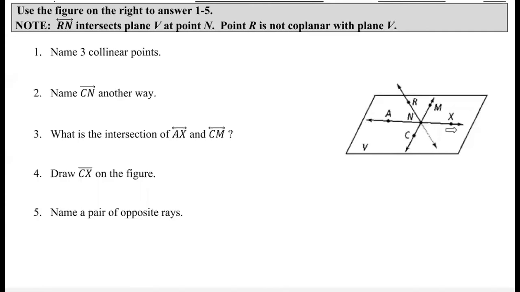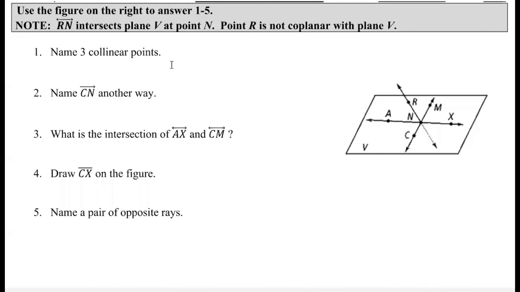All right, and we can see multiple lines here. We will ignore the line RN because it's not in this plane V. So let's just look at this line going horizontally. We can see point A, N, and X. Those 3 points are on that one line together.